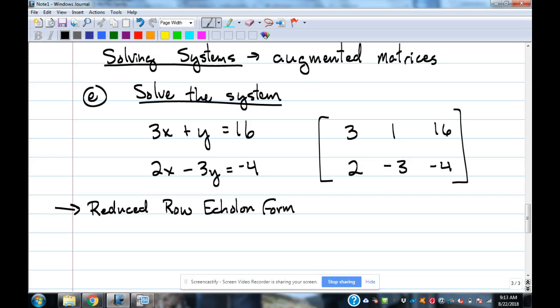Okay? Now, what that means, reduced row echelon form, or there's this guy, Gauss was his name, G-U-A-S-S, and Jordan, not Michael Jordan, but some other Jordan guy.